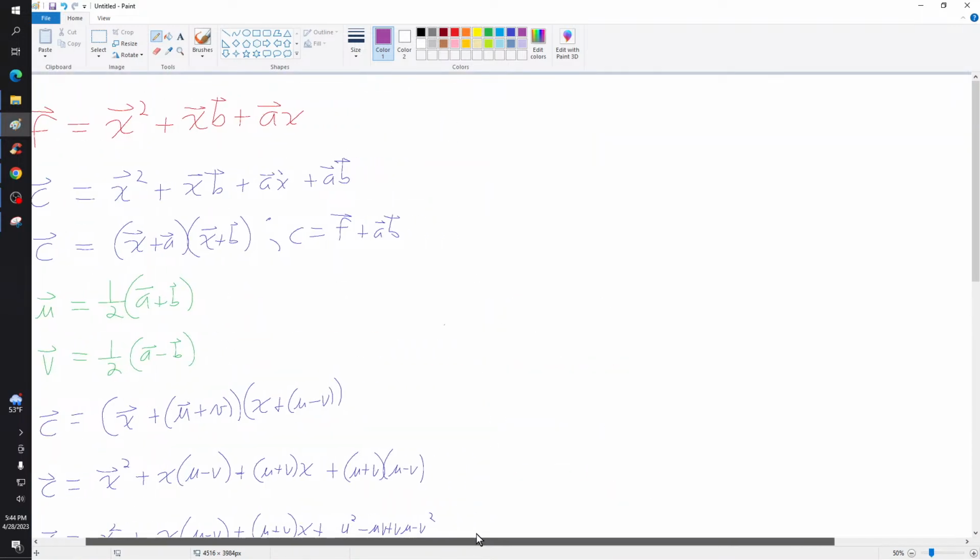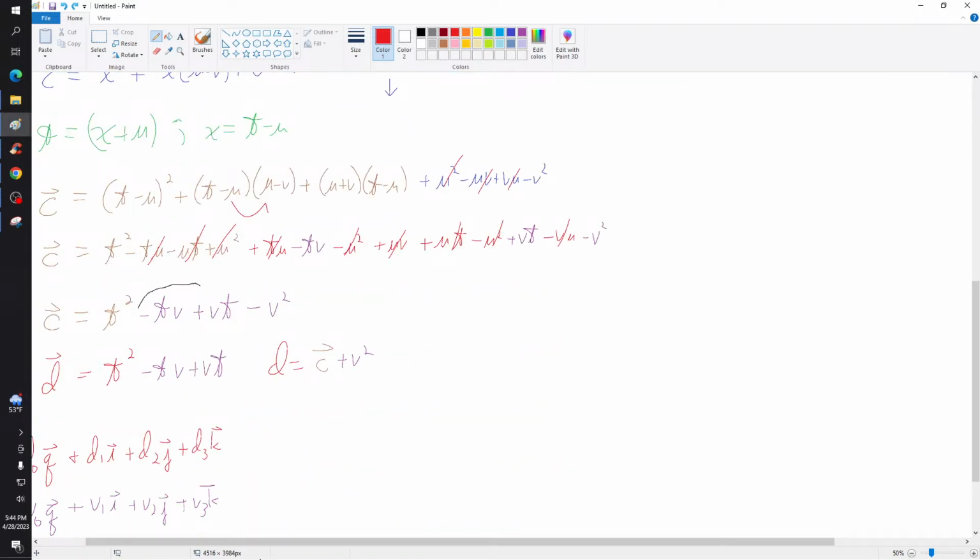So we call this the fundamental middle-handed form, because this is equal to the V part.